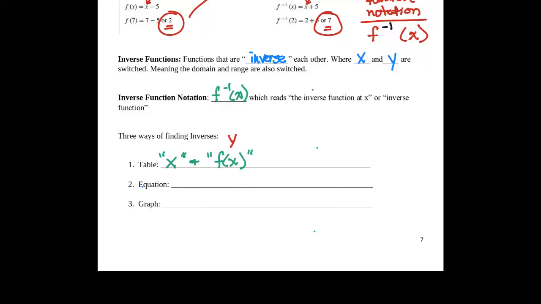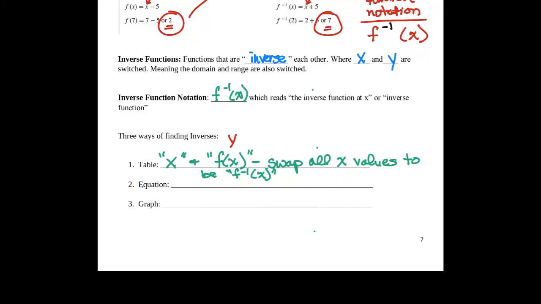So when you have this table, you are literally going to swap all x values to be the inverse in that function f.